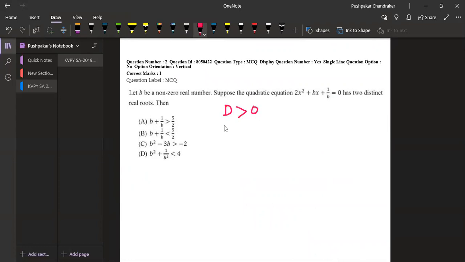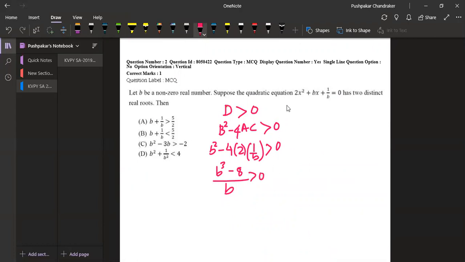Now what is the discriminant in this case? The discriminant b square minus 4ac should be greater than 0. So in this case you can write b square minus 4 times 2 into 1 by b is greater than 0. Okay, so you get b cube minus 8 by b is greater than 0.